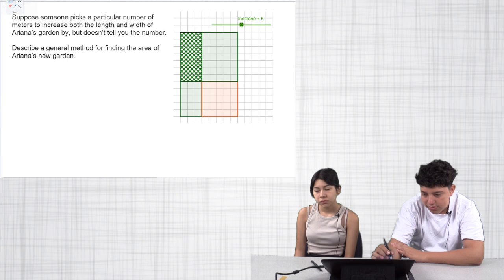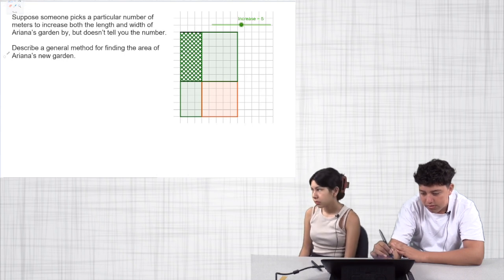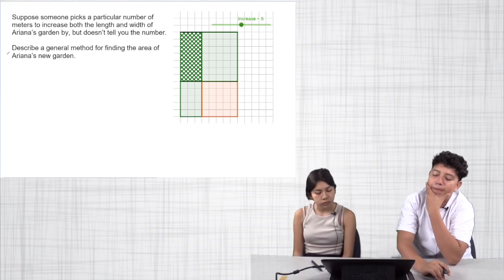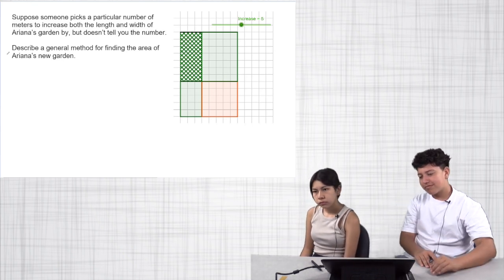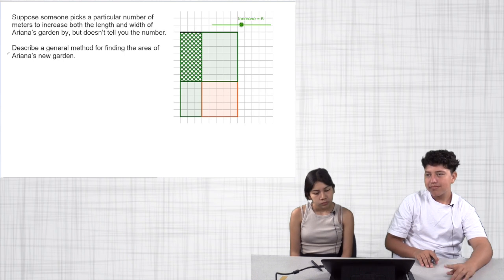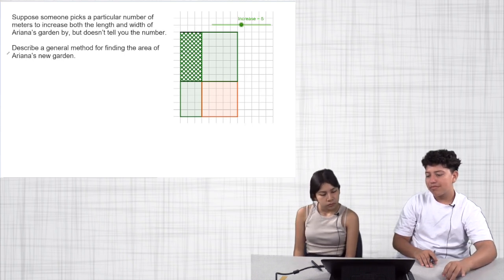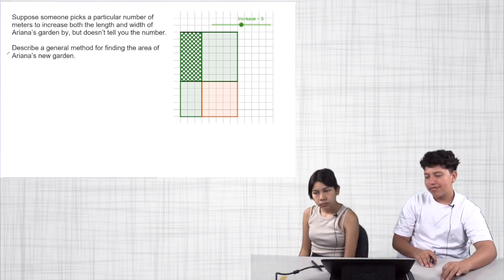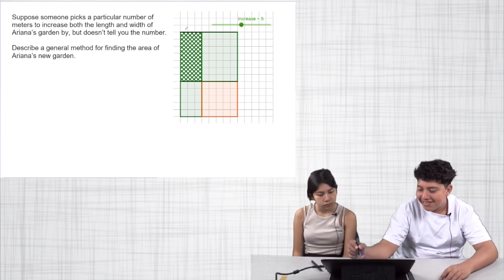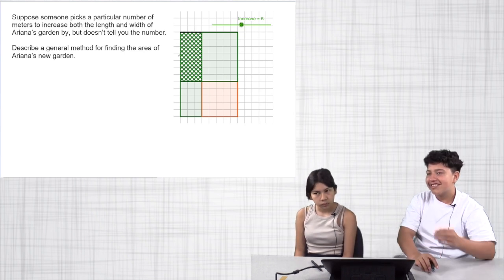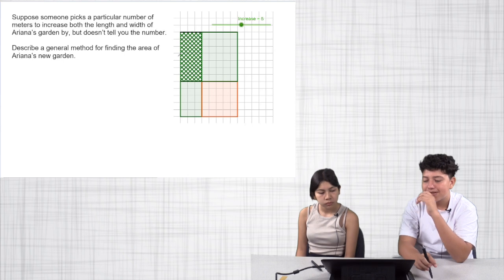Now I want you to describe verbally, and then maybe write down a few things. Not an equation yet. We're going to do algebra later, but just tell me how I would go about finding the area of Ariana's new garden if I increase the length and the width by my secret number here. Let's read this out loud first.